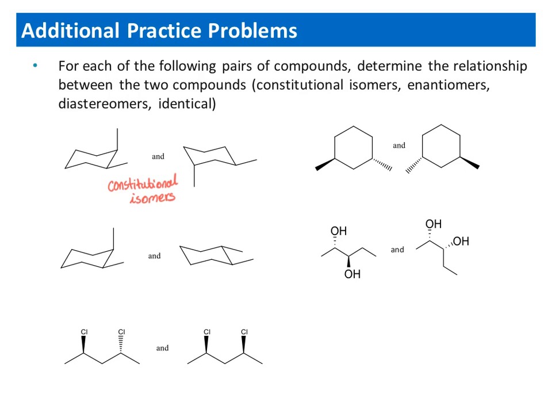So we have two chiral centers here. Now we need to ask ourselves, are they mirror images of one another? Yes, they are. So if you imagine there is a mirror between these two molecules, they are mirror images of one another. Therefore, they are enantiomers.